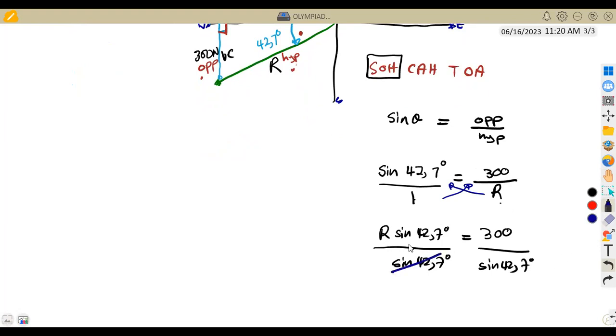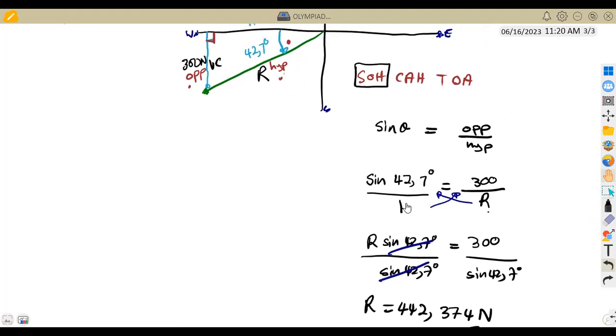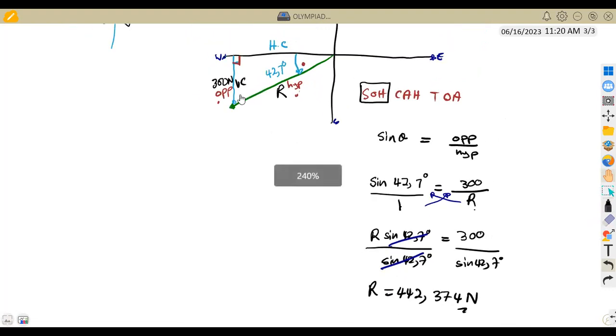This is going to give us the resultant, R. If we divide directly on your calculator, we are going to obtain 442,374 Newton. Taking note of the units, we were given a vertical component as 300 Newton, so our resultant is also in Newton.